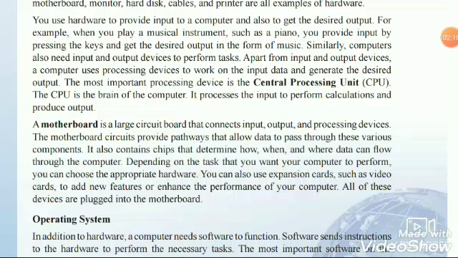In a CPU, the motherboard is a large circuit board, and it connects all the devices that give input to the computer, where the data is processed, and also connects the output device for displaying the result. The motherboard circuits provide pathways that allow data to pass through these various components.